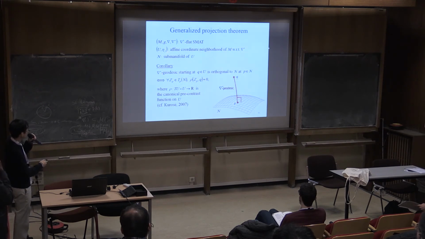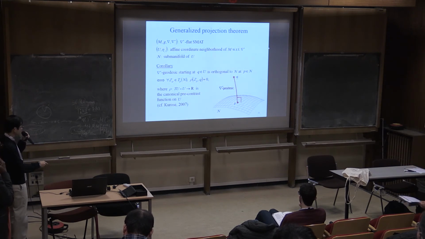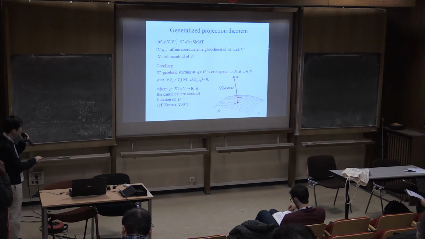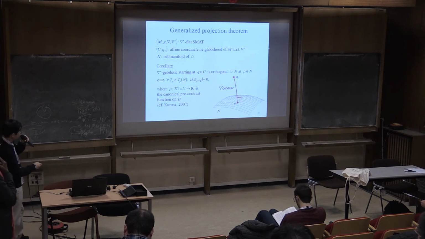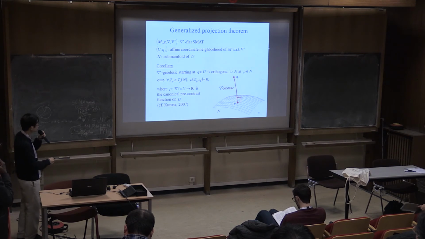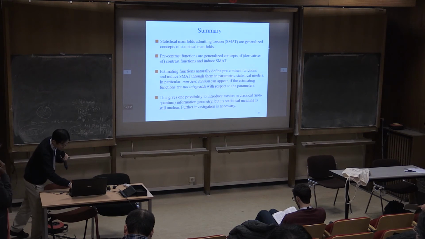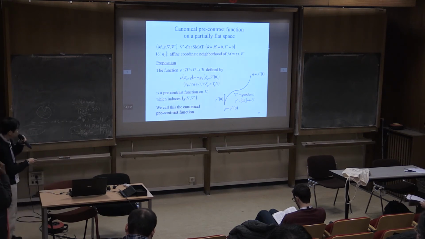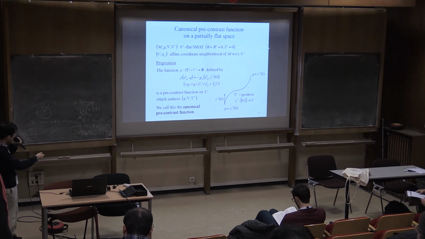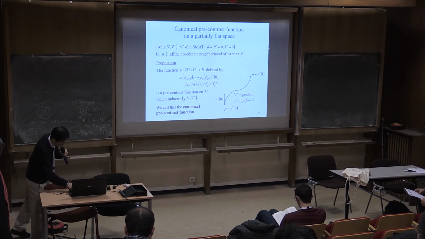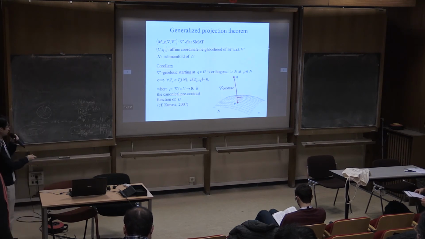N is a submanifold of U, and the geodesic starting at Q being orthogonal to N at point P is equivalent to these conditions. This is just a corollary of this definition, because the pre-contrast function is defined in this way, so we can easily derive these statements.